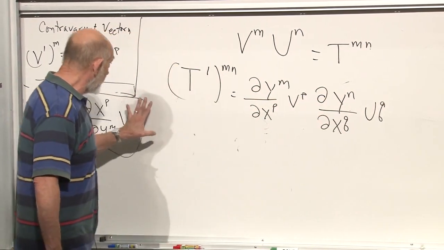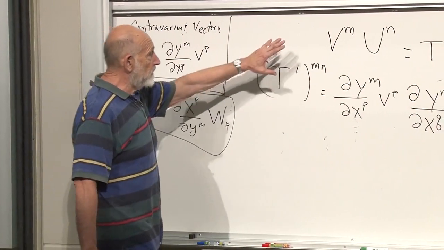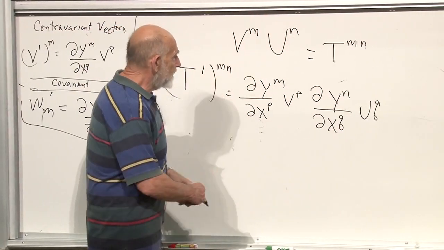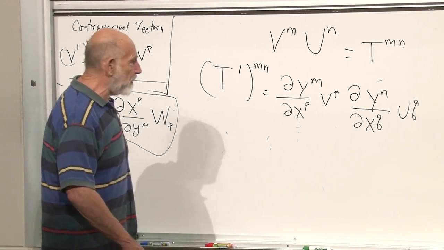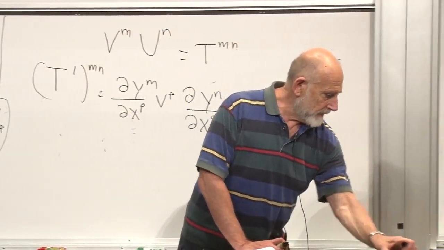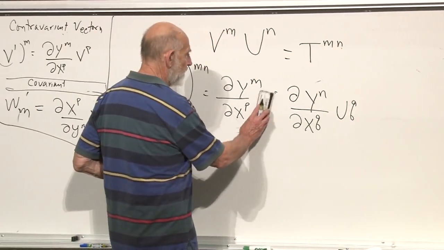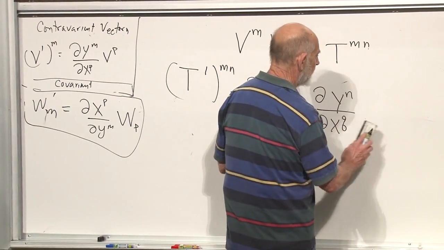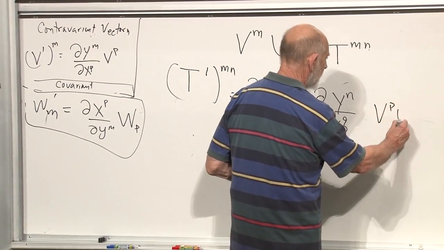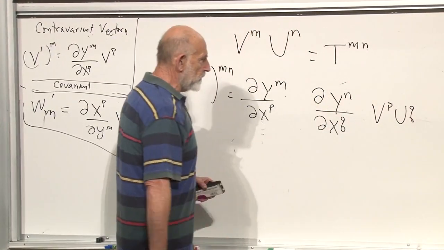So I've just done the same operation on the separate components. But now I can just take this apart, put this V^p over here, and what is this object? What's V^p U^q?